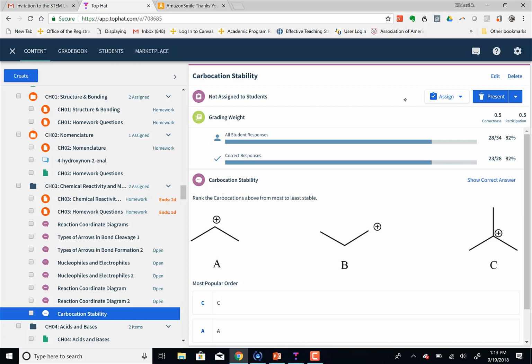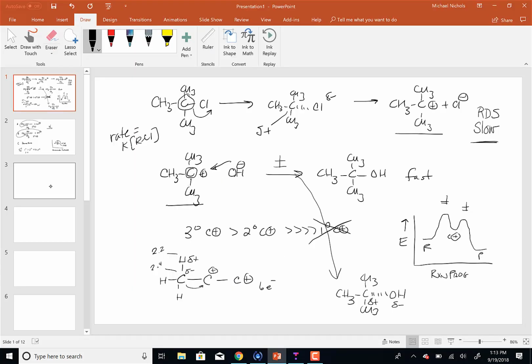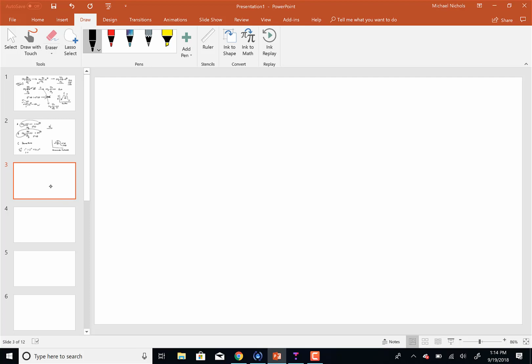We'll talk a little bit more about the reaction coordinate diagram, but I want to finish up talking about the reactions where we left off on Monday. We were talking about the one-step reaction where we had in step one, we reacted a tertiary chloride with hydroxide.